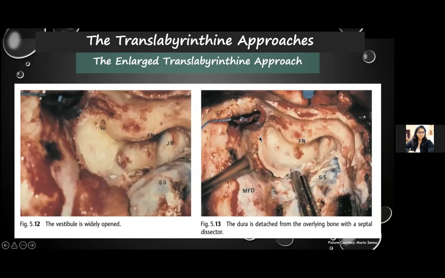Our next task will be to slowly remove the bone overlying the pre-sigmoid dura, which is also the posterior fossa dura. Slowly, by retracting the sigmoid sinus away using a suction tip as we proceed, we are removing the bone fragments lying on the posterior fossa dura or the pre-sigmoid dura.